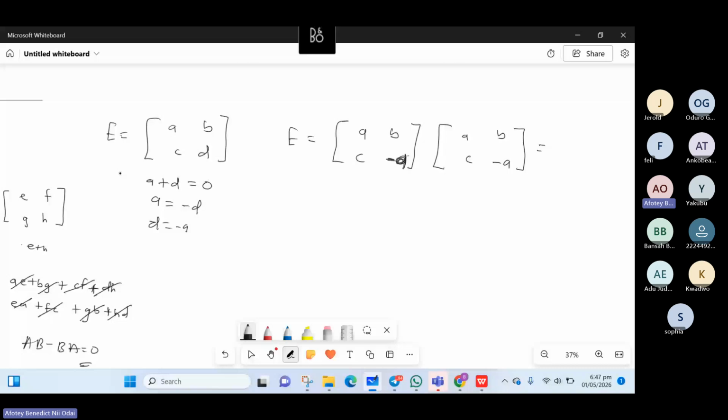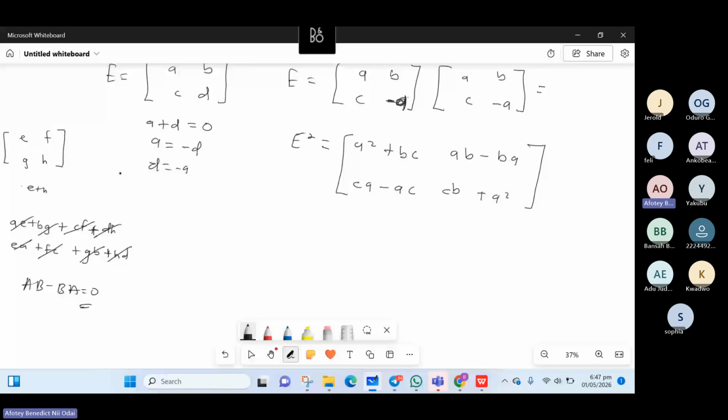So we have E to the power 2 as A squared plus BC, AB minus BA, CA minus AC, CB plus A squared.